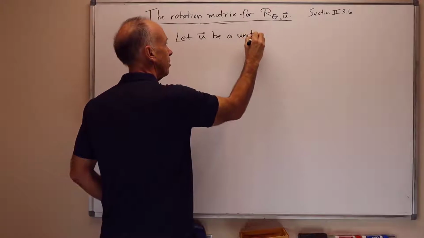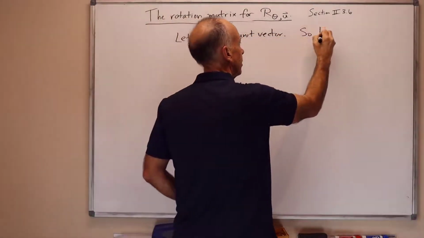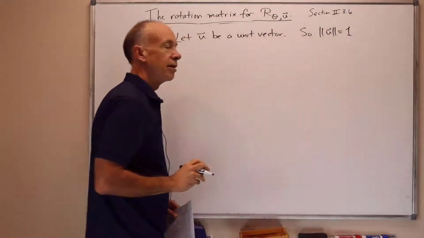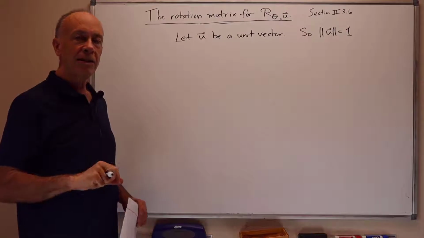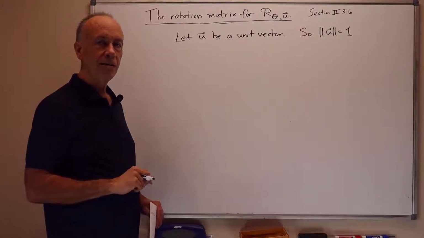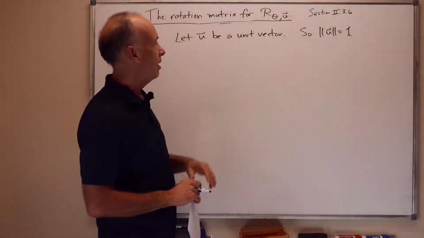So the magnitude of u is 1. That'll just simplify things. In general, our conventions are that it doesn't matter what the magnitude of u is when we define R theta u. If we scale u, it doesn't change the rotation. The rotation amount is given just by the theta value.